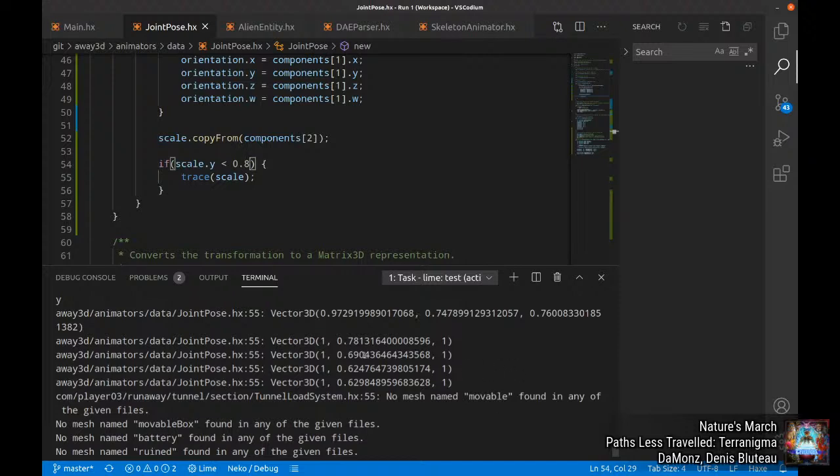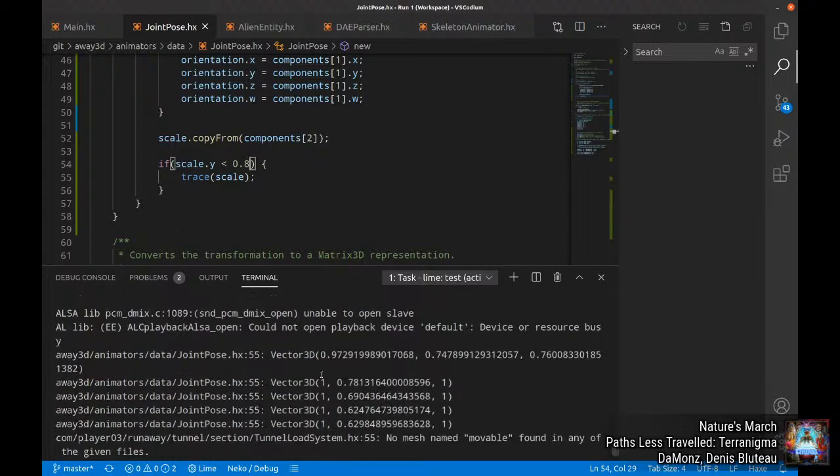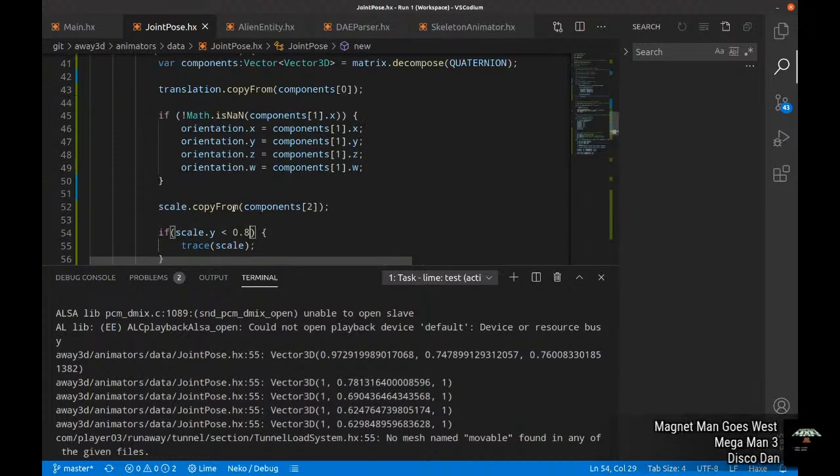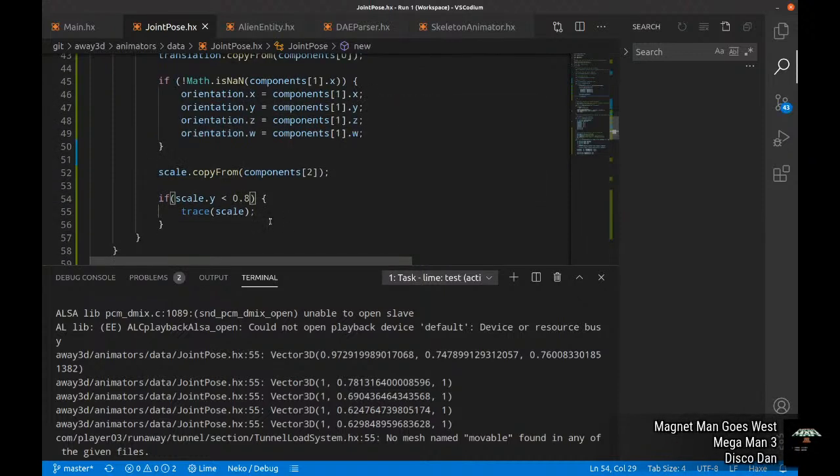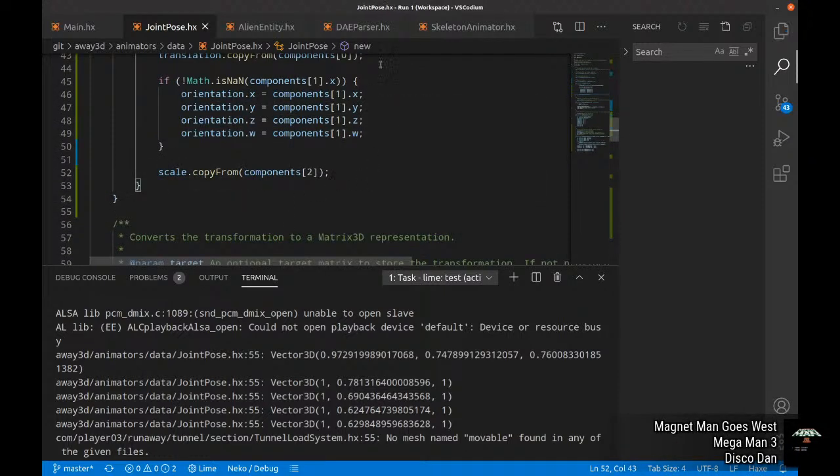Yeah, those only have 4 frames. Oh, fair enough. Okay, so that's there.